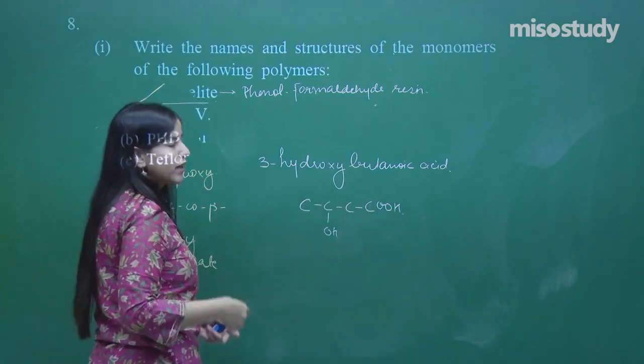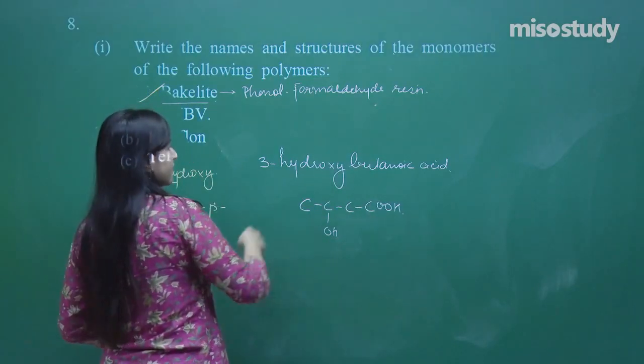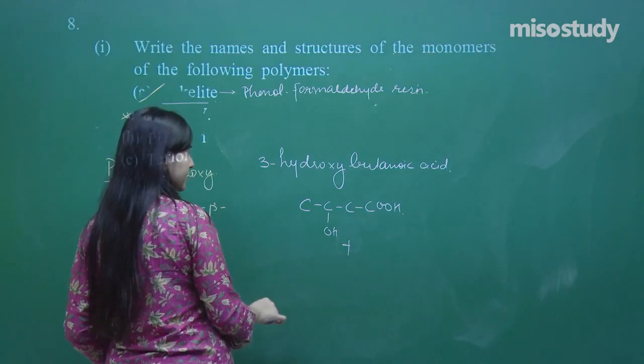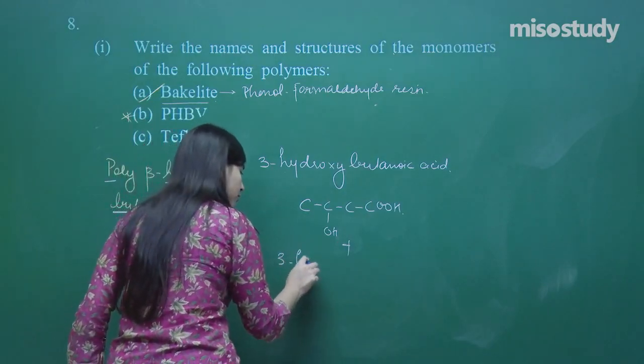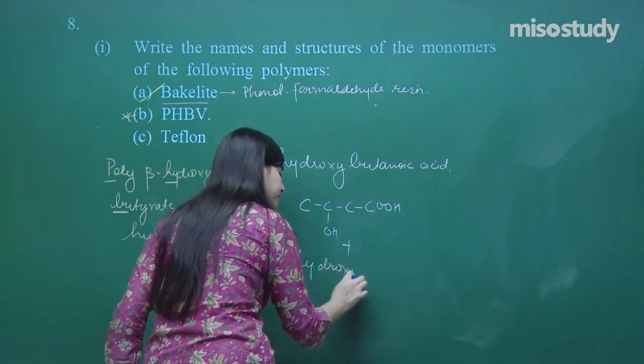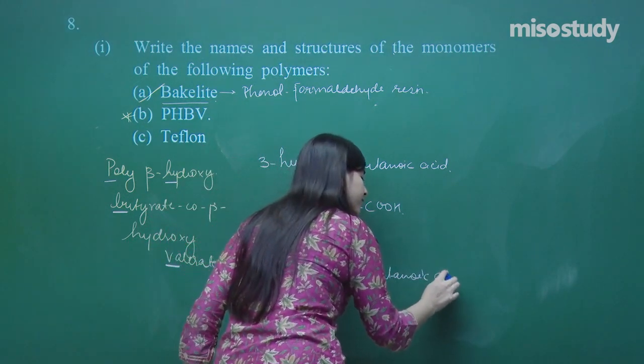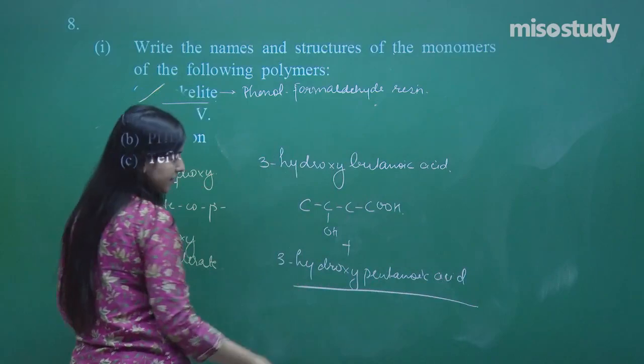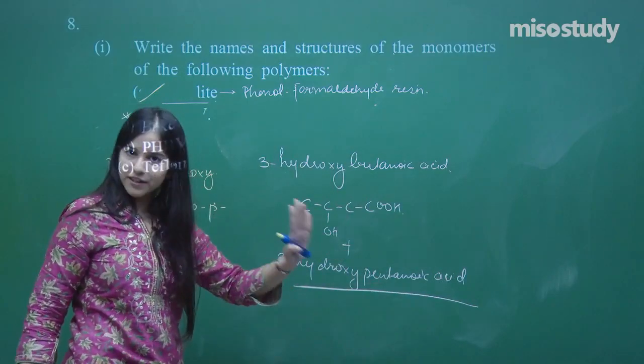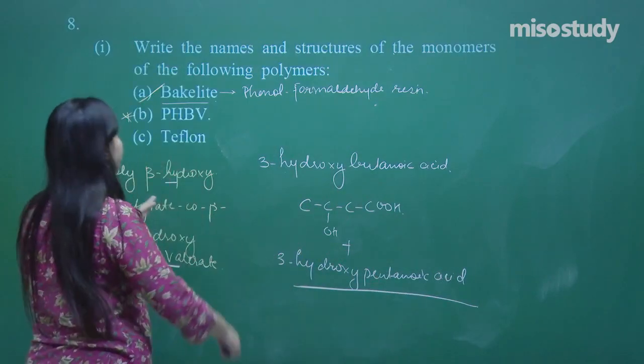You can complete the valencies on your own. Let's take up the next monomer. It is 3-hydroxy pentanoic acid. You need to remember this, and you can very well form the formula for it as well. I hope that is clear.